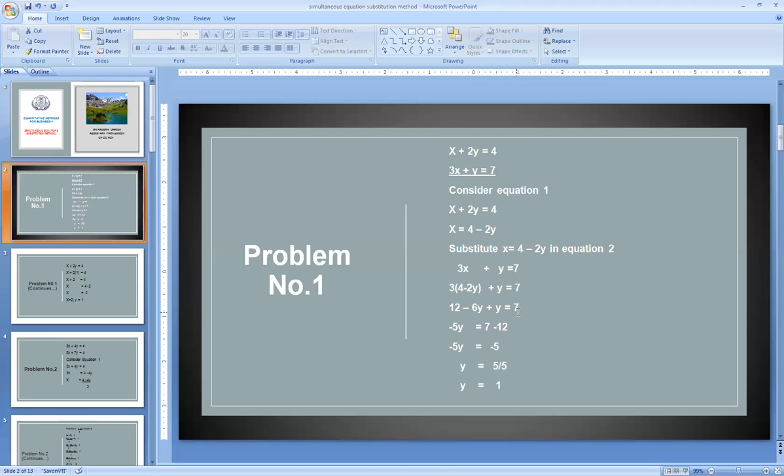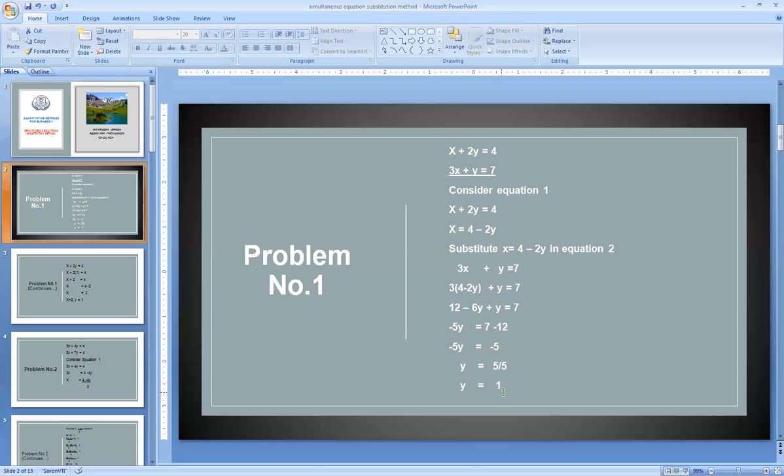One number is 7, and the other number at the left side, plus 12, has to be shifted to the right side, so it becomes minus 12. Now minus 5y equals 7 minus 12, which is minus 5, because the bigger number is negative, so we write minus. So minus 5y equals minus 5, means y equals, the minus signs cancel on both sides, 5 divided by 5, so the value of y equals 1.